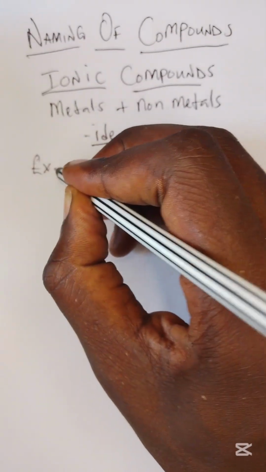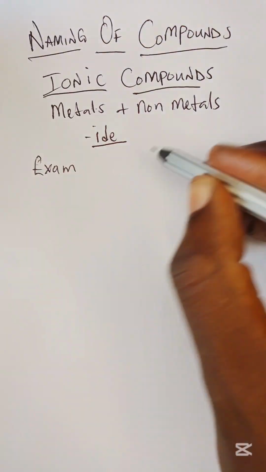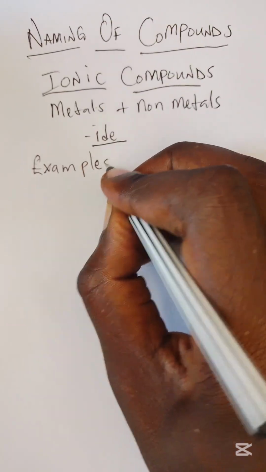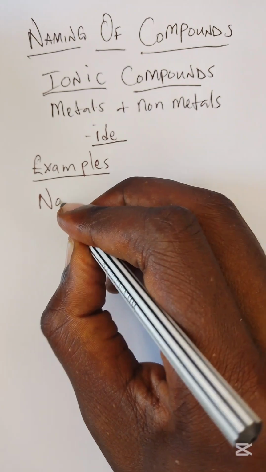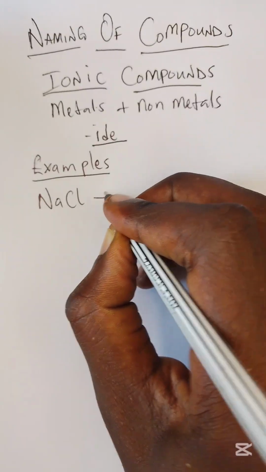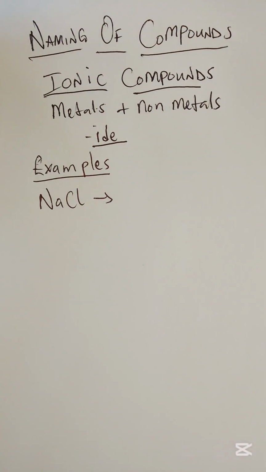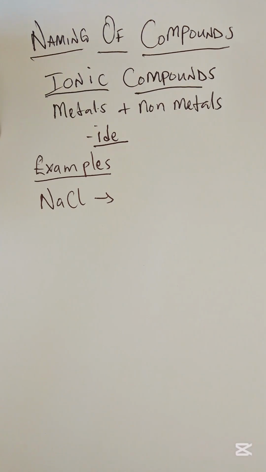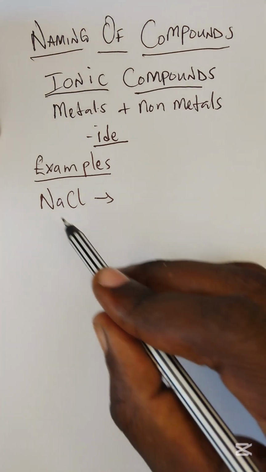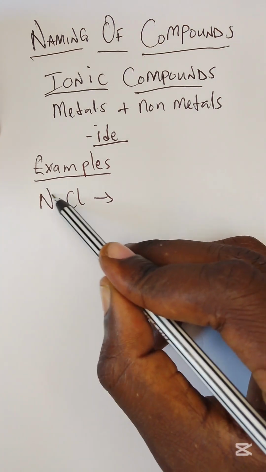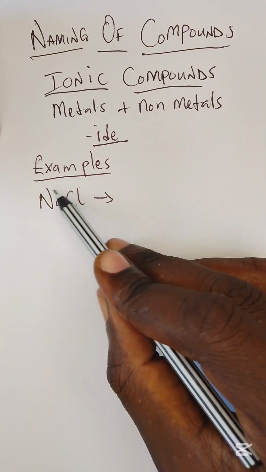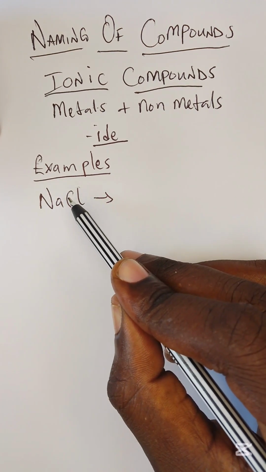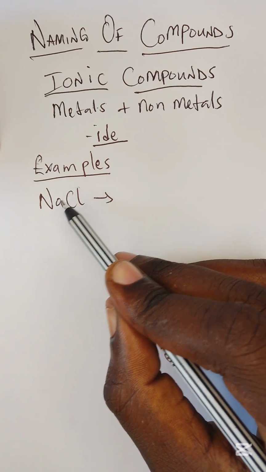Examples. Number one. How can we name this compound? We have a metal on this side and a non-metal on this side.